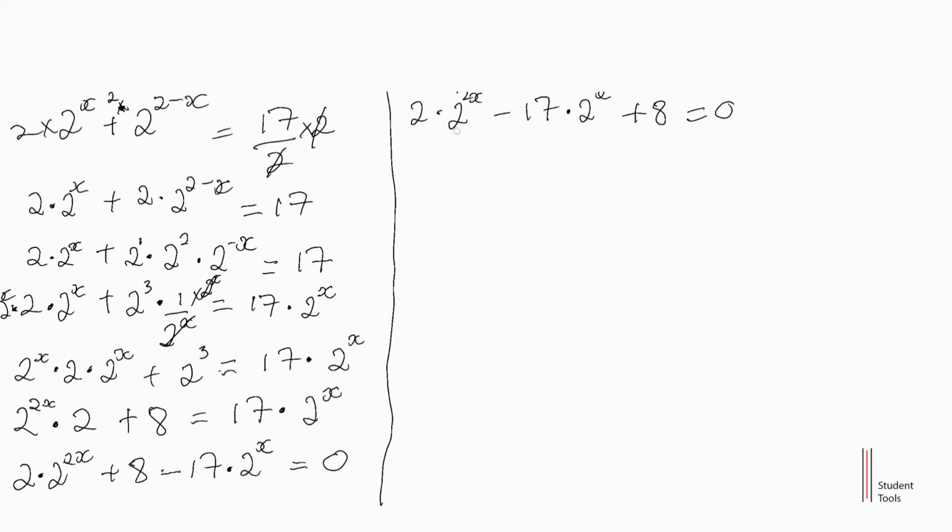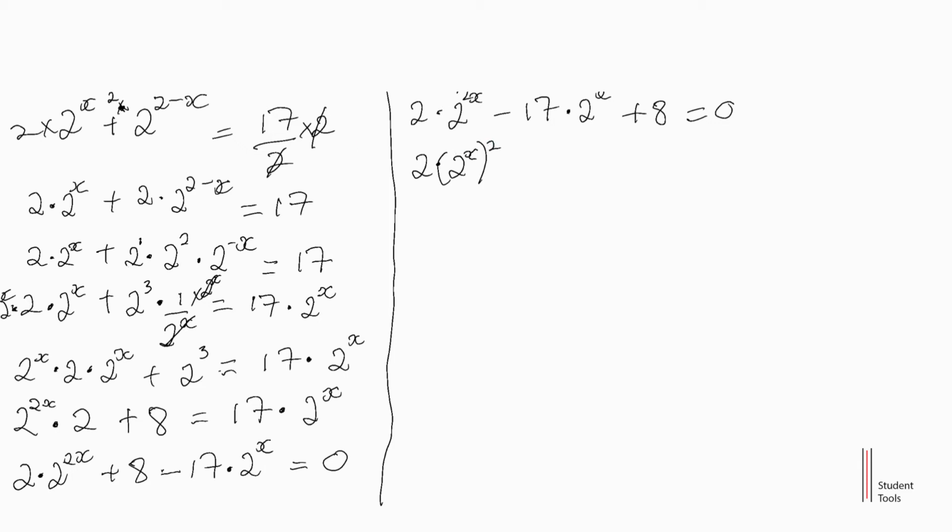Okay, I want us to change this so that it looks like a quadratic equation. So this will be 2 multiplied by 2 to the power x. Let's put some brackets here. Squared. Why? Because this multiplied by this is the same as 2 to the power 2x. So it's still the same.